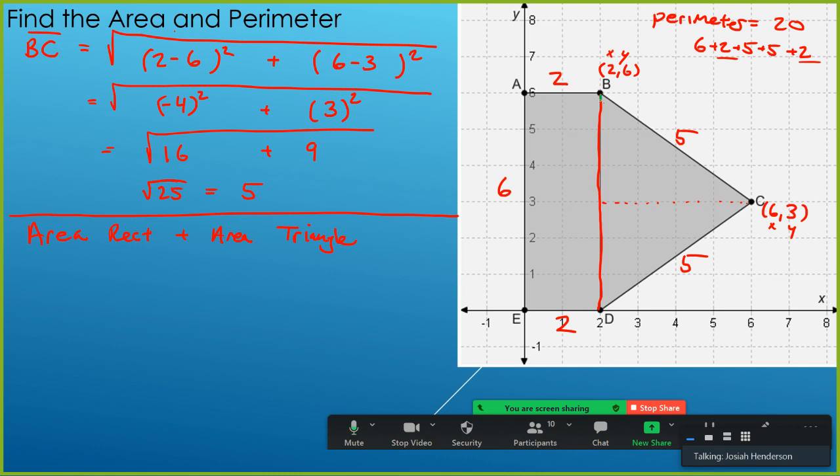Because it is going up and down vertically, and we can easily count those. In fact, we already have it. It's 6. So the base is 6. The height is the perpendicular going from the base up to the other vertex, C. So that's 1, 2, 3, 4. So the height here is 4.